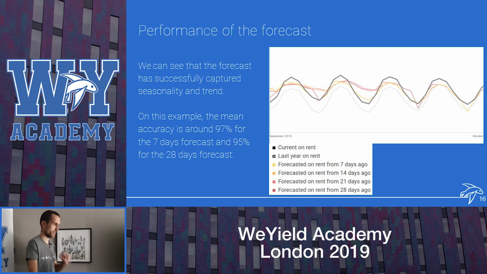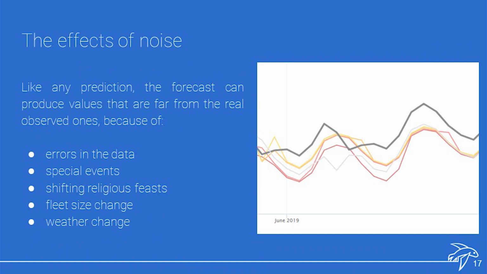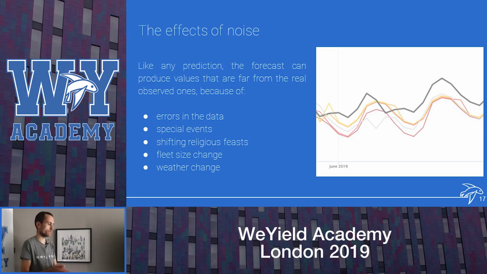Actually, it might come from your data, I think. So still we have the effect of noise. Like any prediction, forecast is prone to errors due to noise. Like I told you for the estimate, noise can come from special events, weather changes, fleet size changes, shifting religious feasts, errors, even errors in the data.